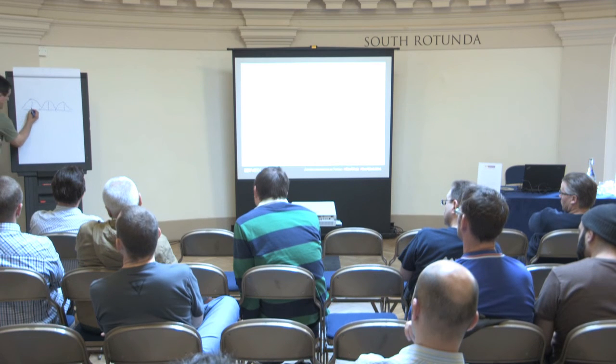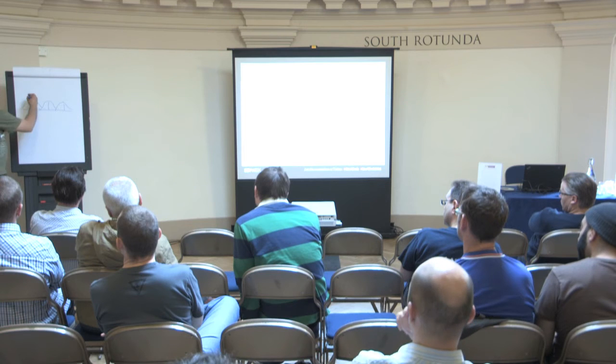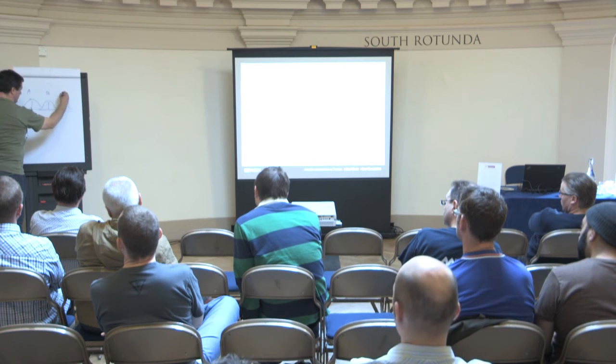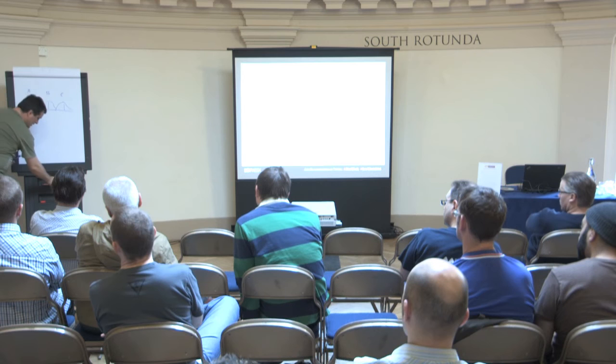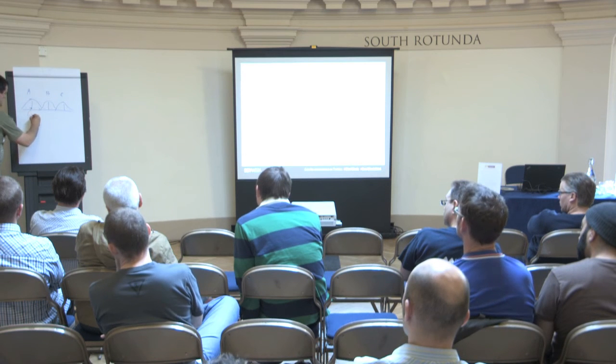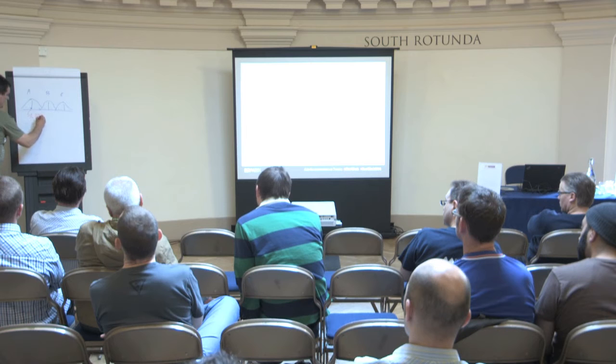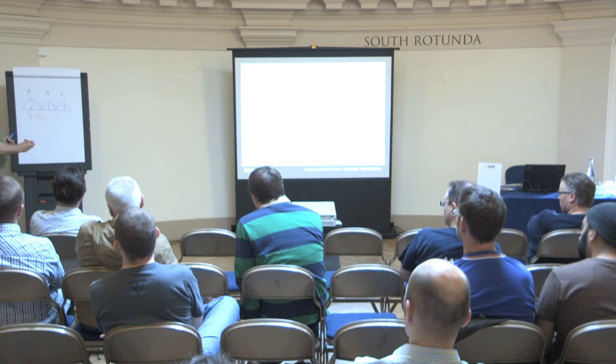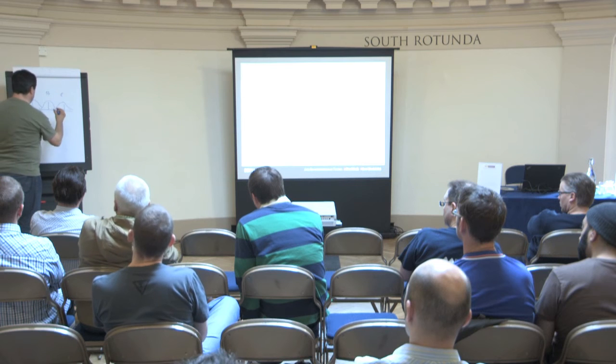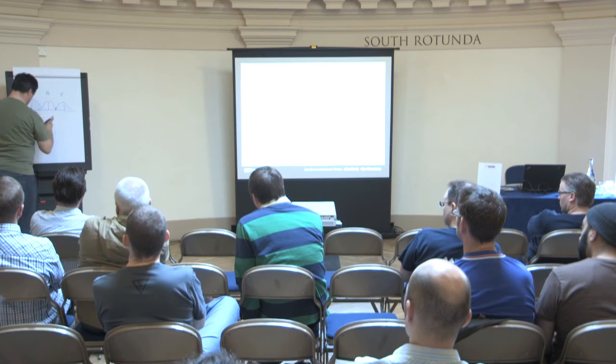Now, let's say this is cluster A, this is cluster B, this is cluster C. Every piece of data belongs to every cluster with some probability, and this belongs to cluster A with probability 0.95, and to cluster B with probability 0.0001, and to cluster C with 0.0001.